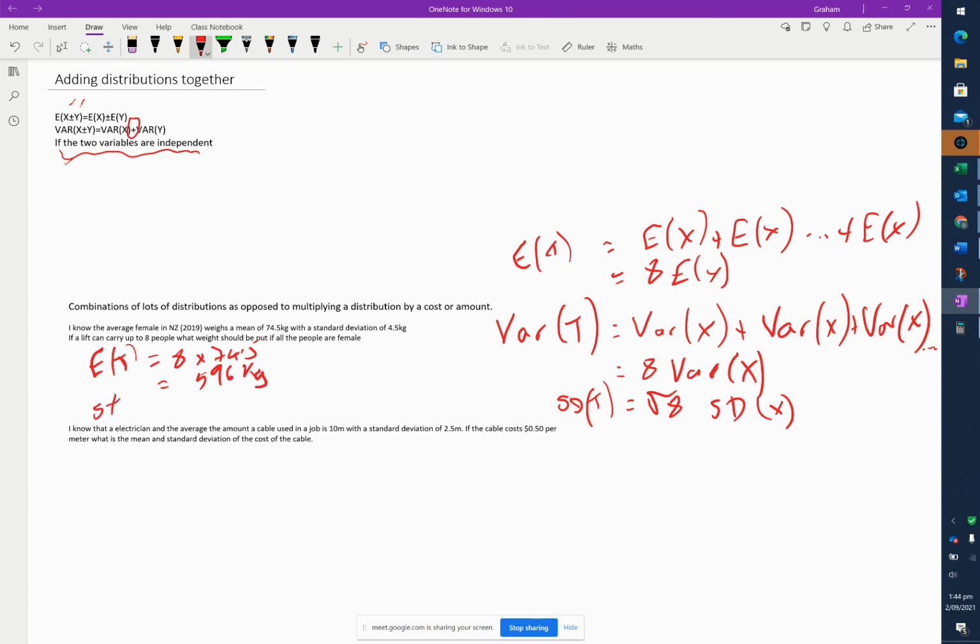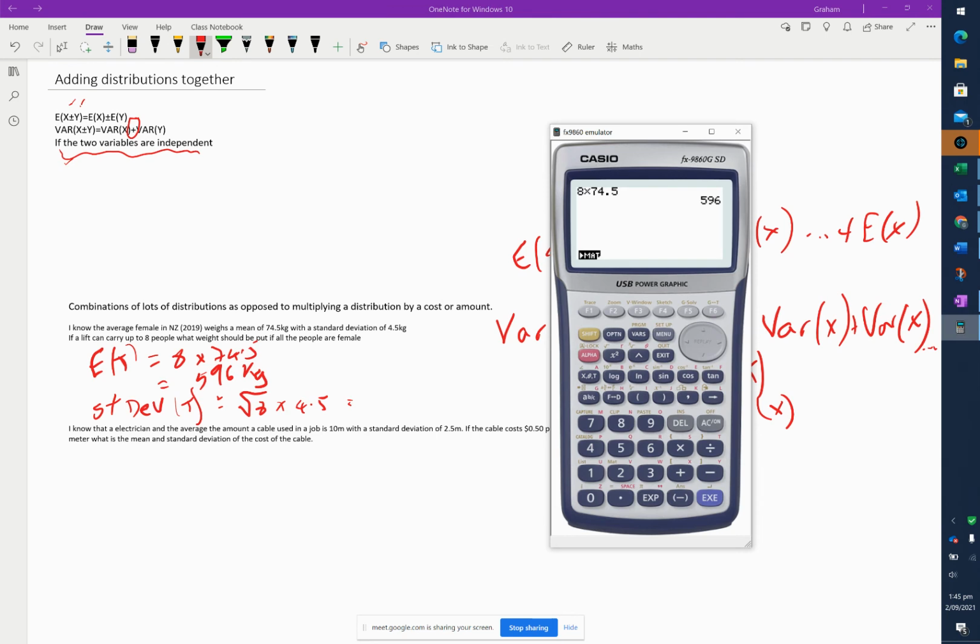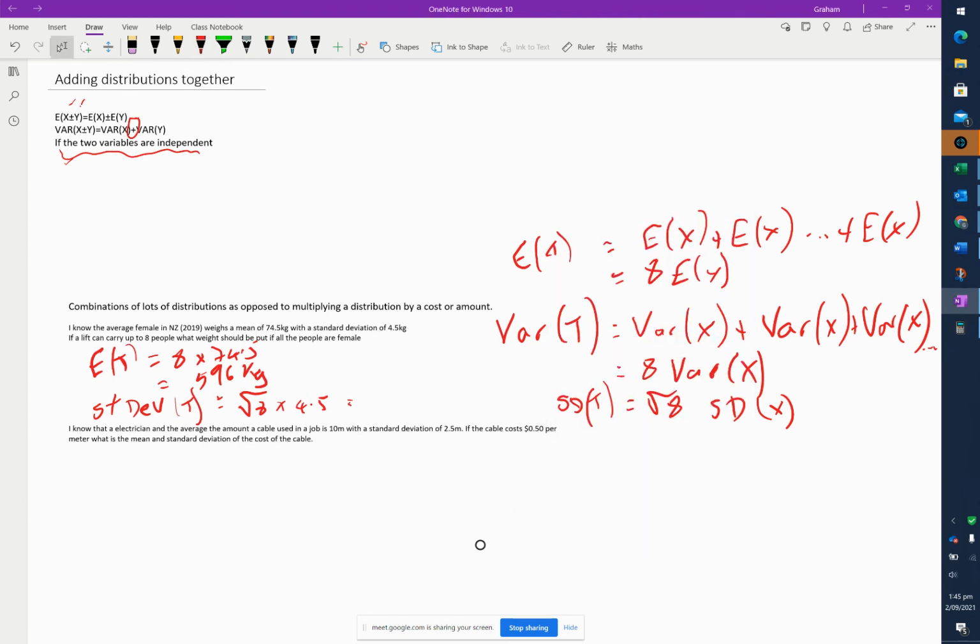Whereas my standard deviation of t is going to be the square root of 8 times the standard deviation, which is 4.5, which will be 12.7.